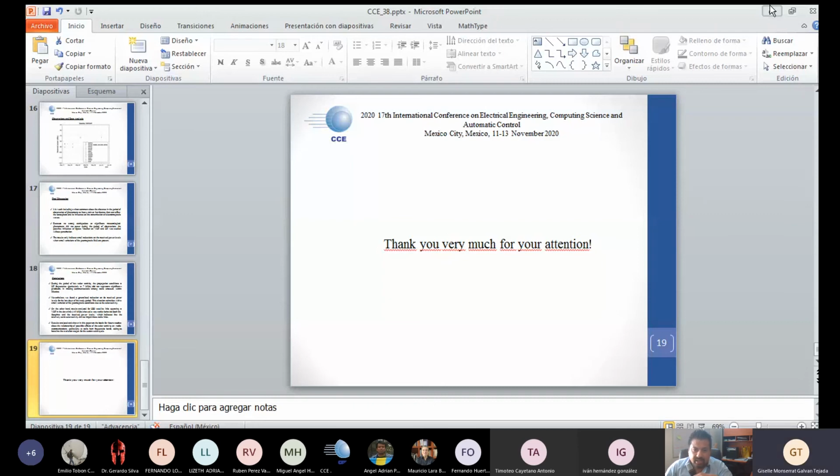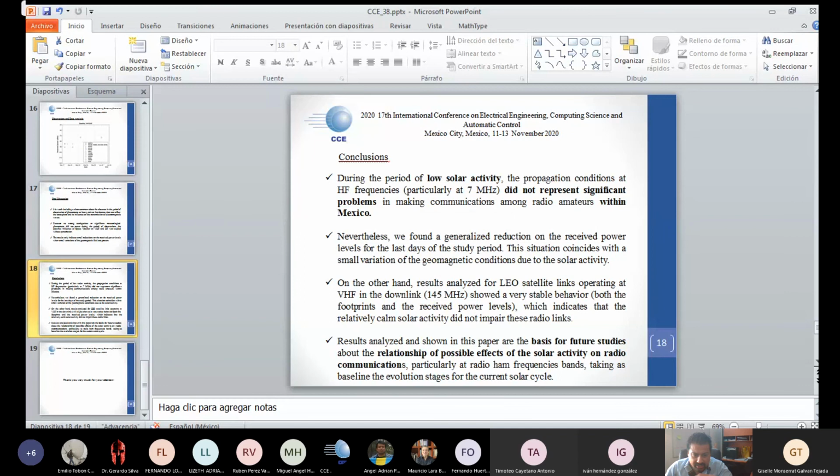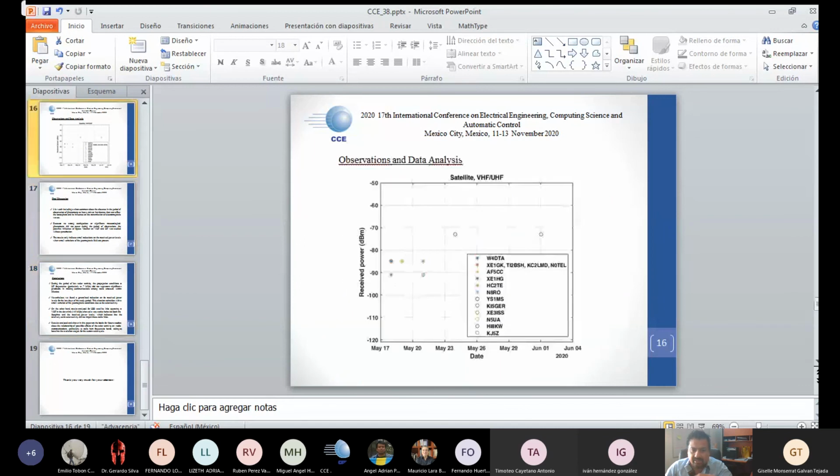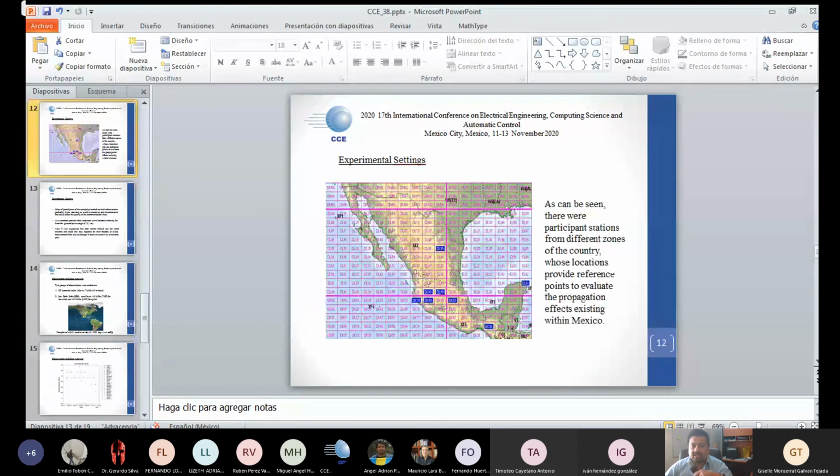For example, in figure 5 in the paper, where all the stations that participated in the study in Mexico are shown, this means that many other stations could have taken part in this study, as I understand, right?